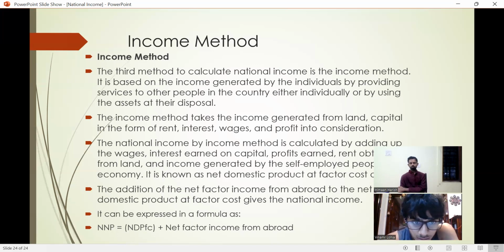Adding the net factor income from abroad to the net domestic product at factor cost gives the national income.